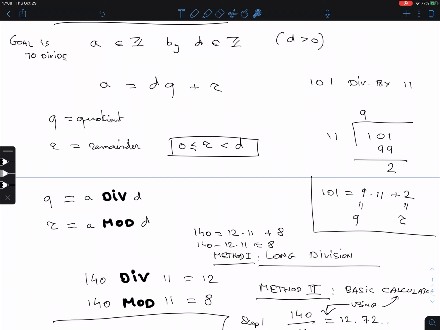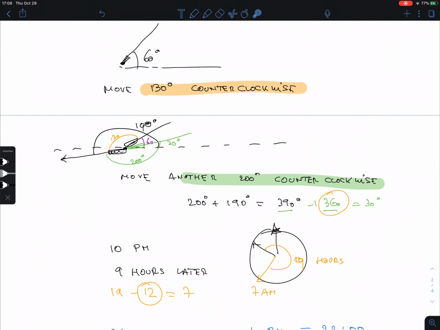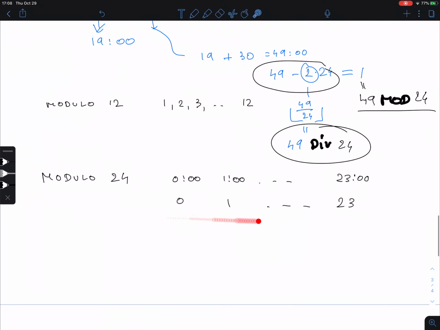So the actual time is less than 24, which is not the case in our 12-hour clock system, because the remainder could be 12. Okay, so that's why this doesn't fit. The 12-hour clock system doesn't fit into this scheme, but the other two do: degrees in measuring angles, as well as military time. There are other situations, but let me not discuss this anymore.